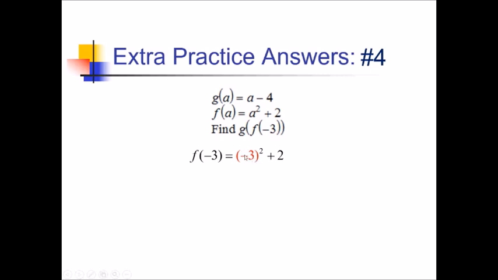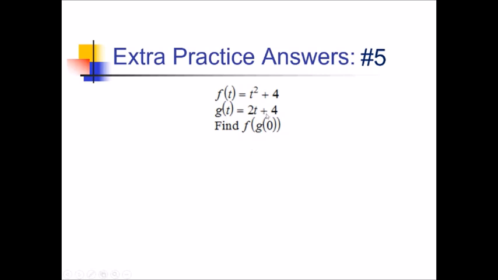So this really means negative 3 times negative 3, which is 9, plus 2, giving me 11 there. And now I have to do g of whatever f of negative 3 is. So I'm doing g of 11. This is just going to be then, using my g function, 11 minus 4. So this 11 got plugged in for the a here. And 11 minus 4 gives me 7.